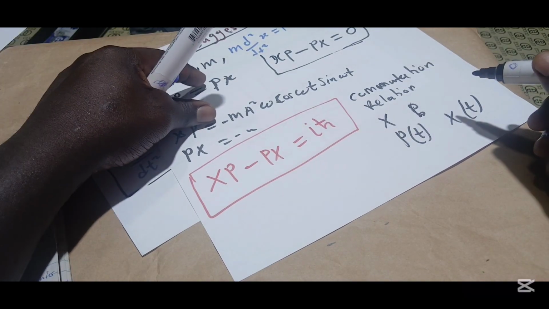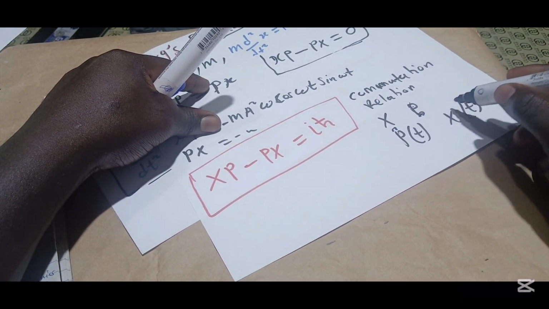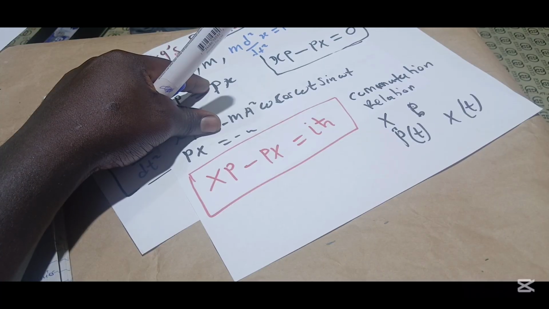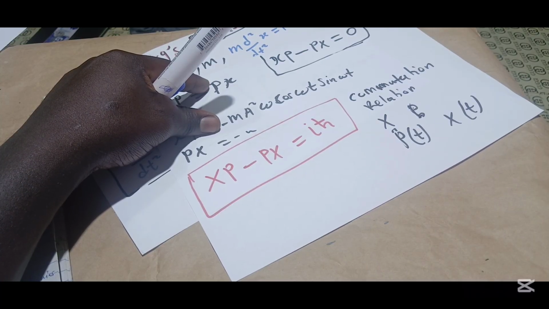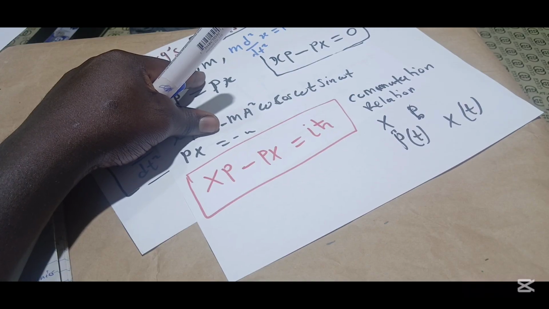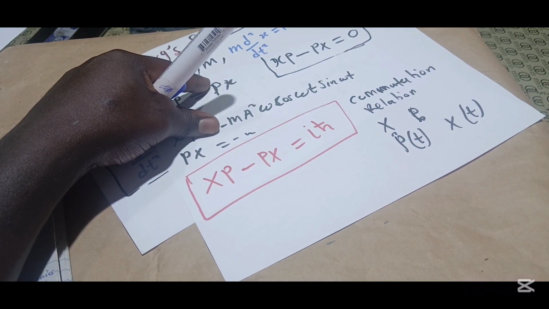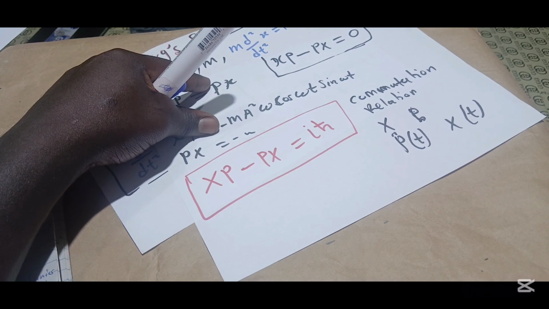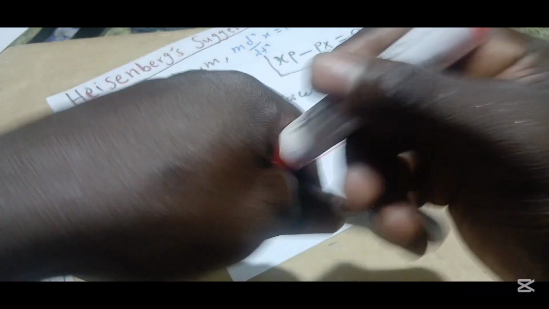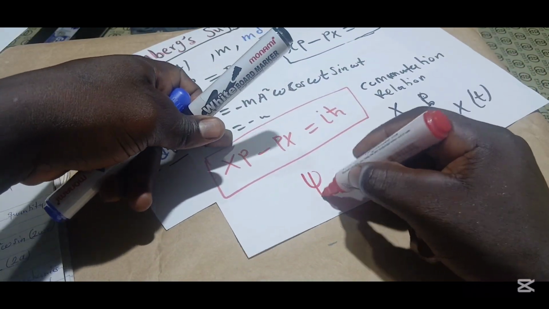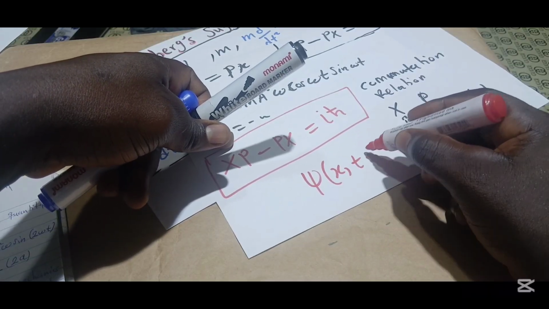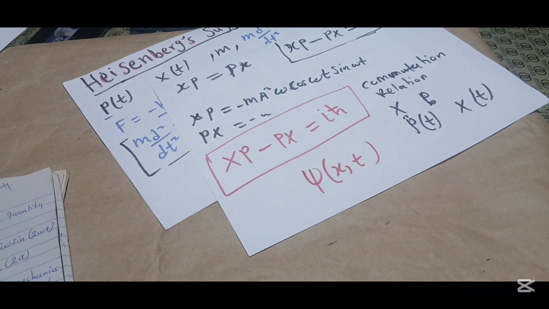Because in quantum mechanics we don't deal straightforwardly with observables. We are rather dealing with a wave function that has the probability of telling us the value of our observable, which is the eigenvalue. So now we can say it is our wave function, let's say psi, that will be working with time and then x.